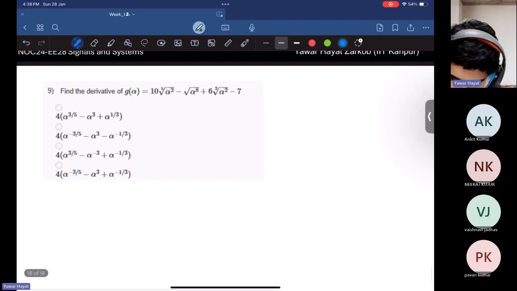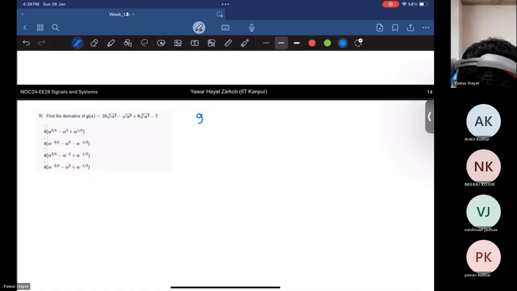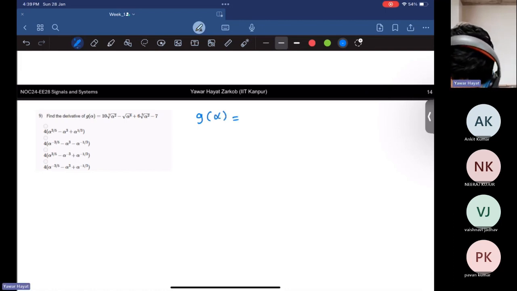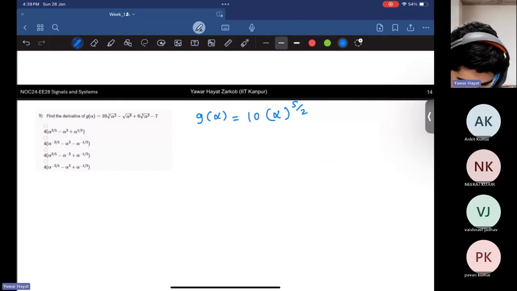Okay, let me now start attempting it myself. Now, g of alpha is 10 alpha raised to the power 5 by 2. Okay, option D. Ankit says option D. Let's see how it goes. 10 times alpha raised to the power 5 by 2 minus alpha.